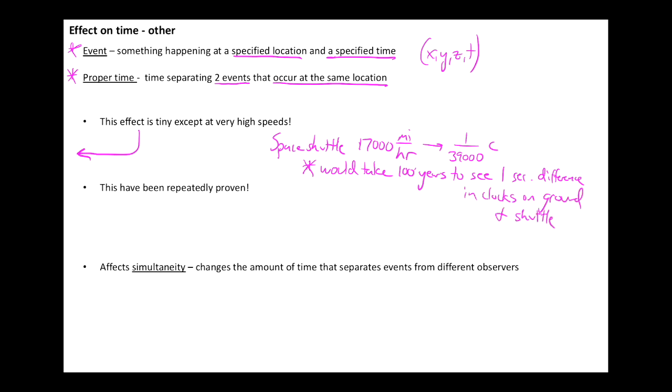Okay, so the effect is there. It's just very small, and it would take a long time to see an additive effect that's macroscopic that I could actually measure easily.